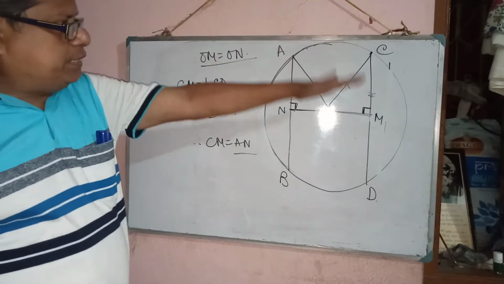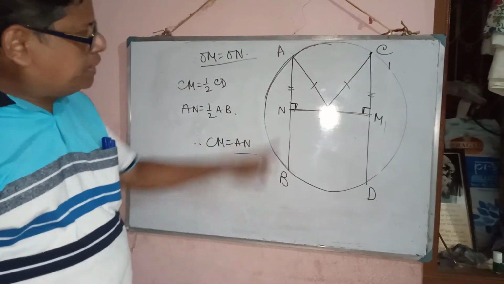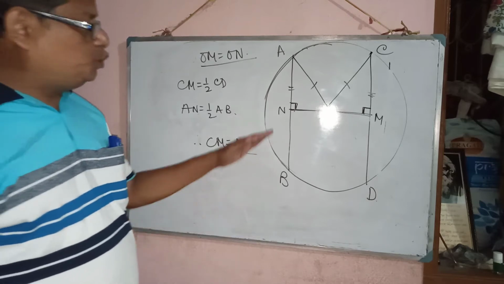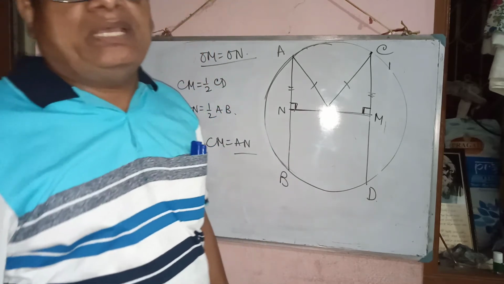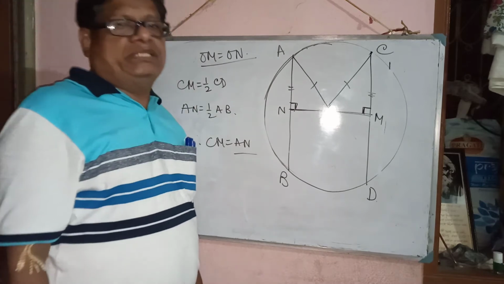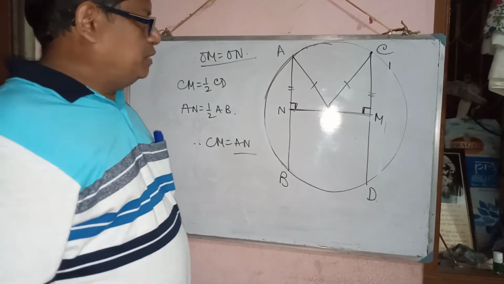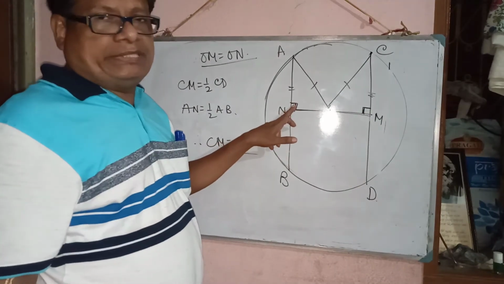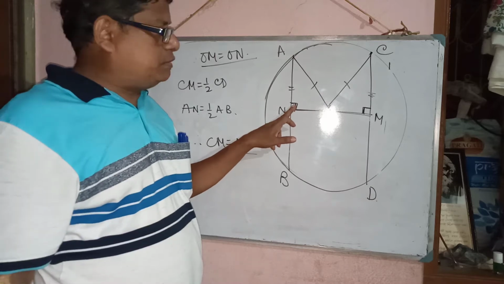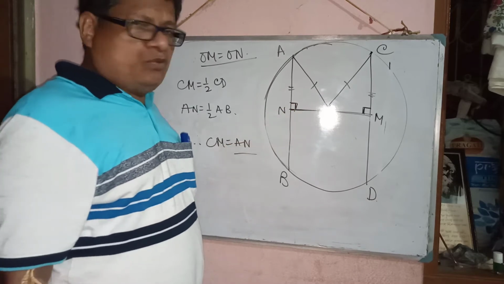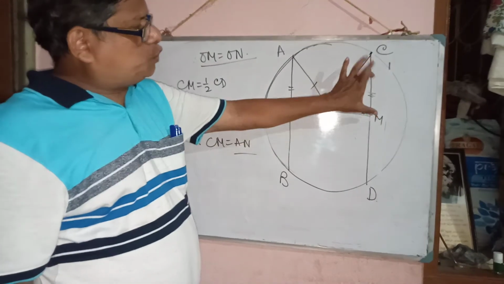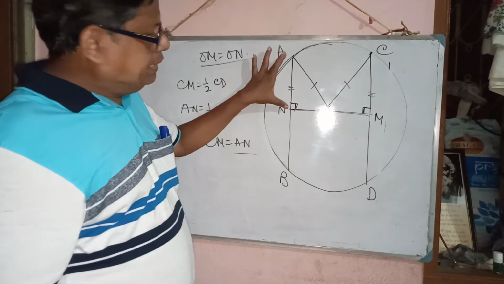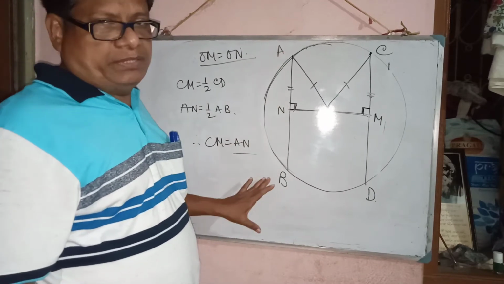To recap: O is the center of a circle, AB and CD are two equal chords. To prove that the two chords are equidistant from the center. These two are perpendicular. CM equals half of CD and AN equals half of AB.